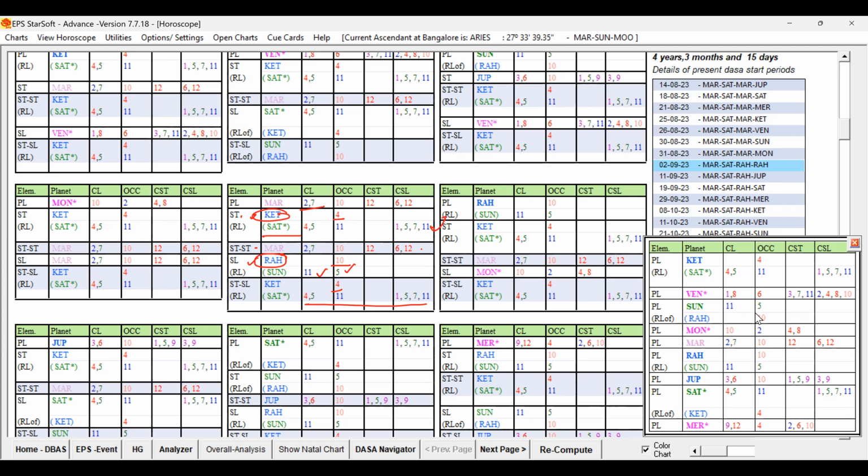So as we know, the Sun is a good key planet, and Rahu represents the Sun, and Jupiter and Saturn.